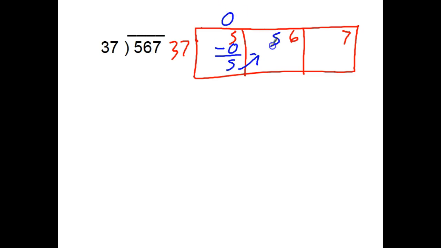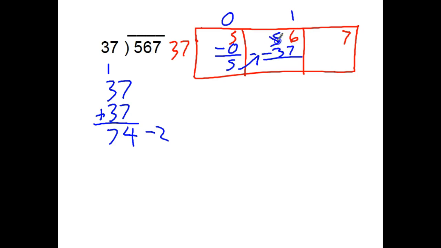Bring my 5 up. How many 37s in 56? Let's see what 2 37s is. 74. That's too much, so it must just be 1. When I subtract, I'm at 19. Bring it up. I got 197 over there, so I need to keep going.